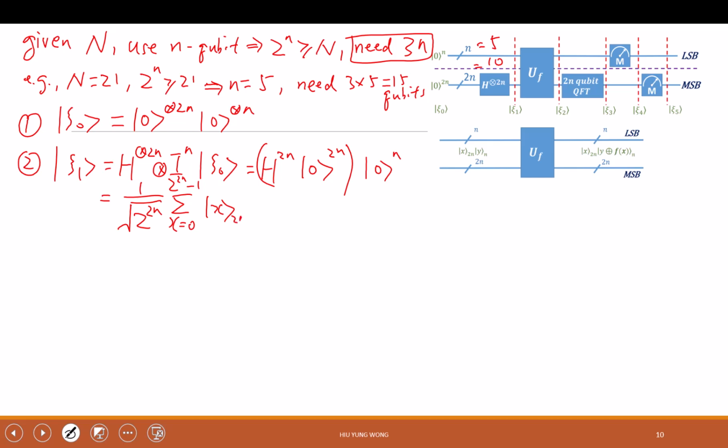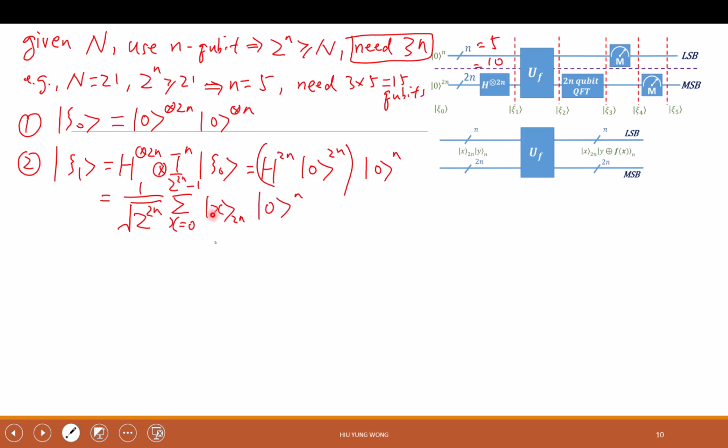I put 2n at the bottom so you know this is the first 2n qubits, and then |0>. Do you remember this one? When you apply the Hadamard gates to n qubits, it will produce a superposition of all the possible states from 0 to 2 to the power 2n minus 1. We have 2n qubits, that's why it is 2 to the power 2n minus 1.